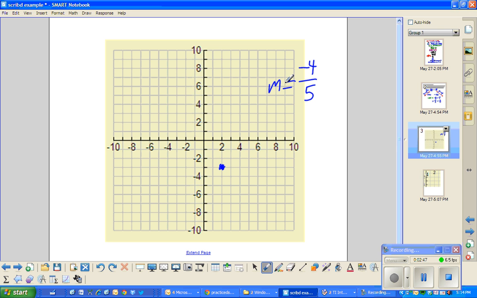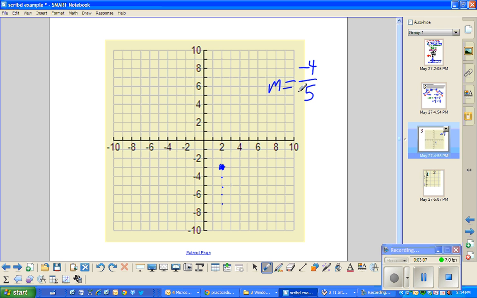And we're going to draw a line from that. Okay, so I'm going to go negative 4 from this point. Negative 4, remember that this is the rise, which is up or down, and in this case it's down because it's negative. 1, 2, 3, 4. Okay?